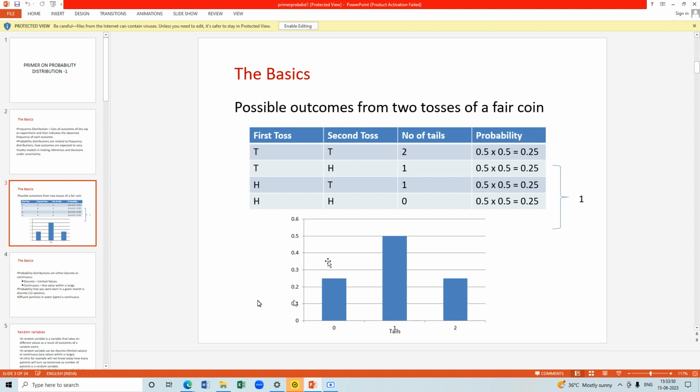The probability of no tail or two tails is 0.25, which is represented by the other two columns to the left and right of the central probability of 0.5. Now this looks like a fairly good distribution, mirroring what we could call a normal distribution, which we'll understand in more detail in the subsequent slides.